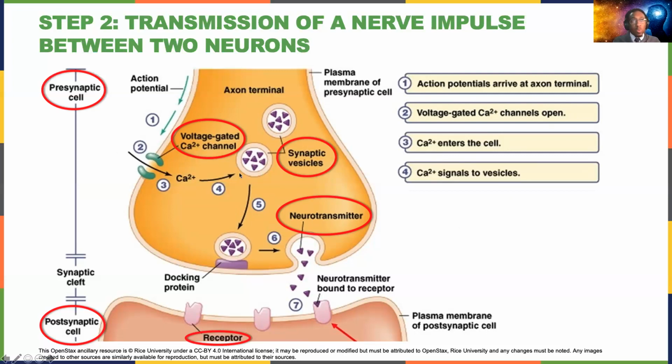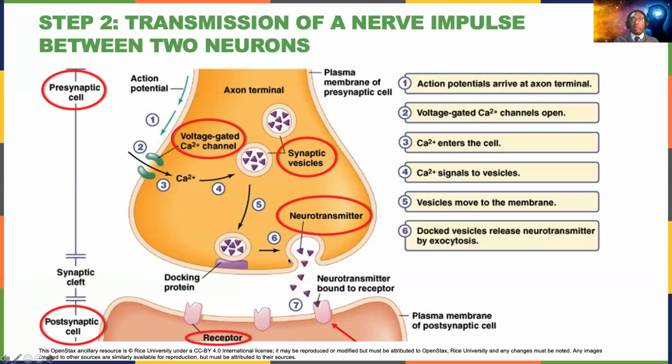So once calcium rushes into the cell, it signals the vesicles to begin moving to the cell membrane at the synapse. And once vesicles get to the cell membrane, they bind with the membrane and release their contents into the synaptic cleft through a process called exocytosis. That's them binding with the membrane and letting go of their contents.